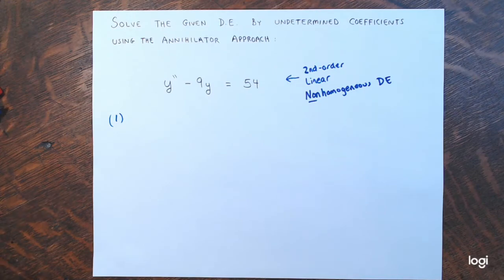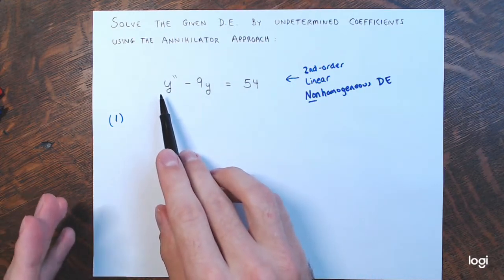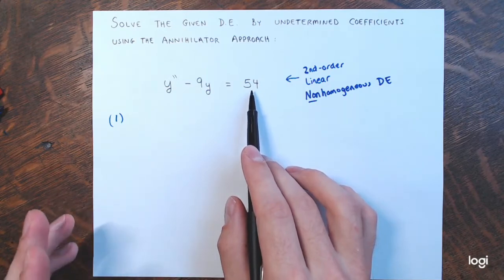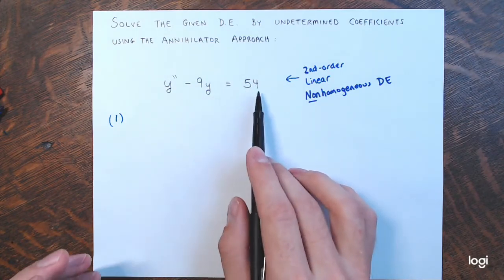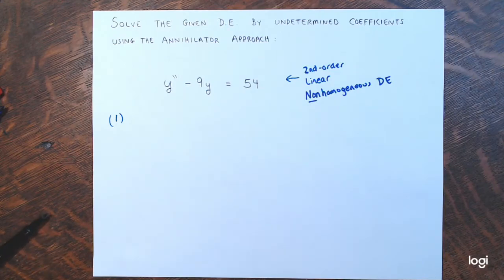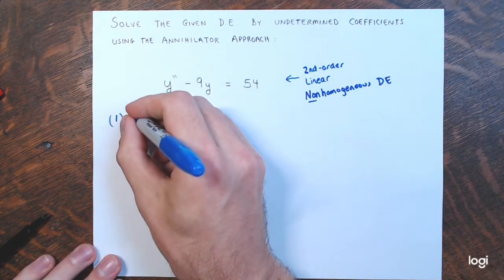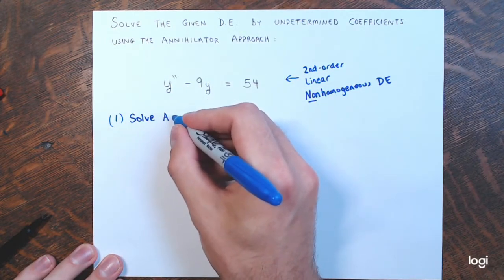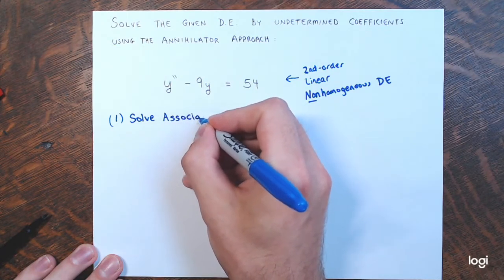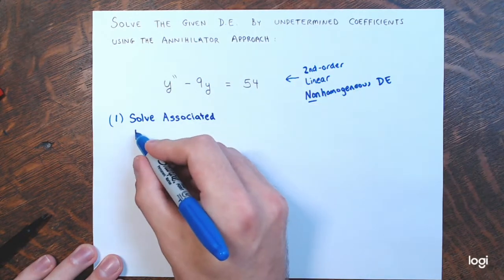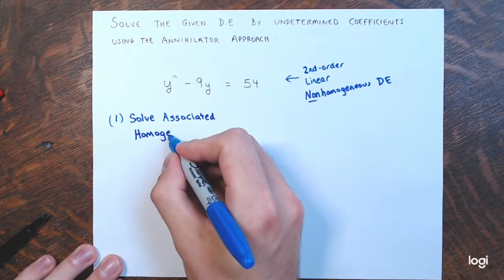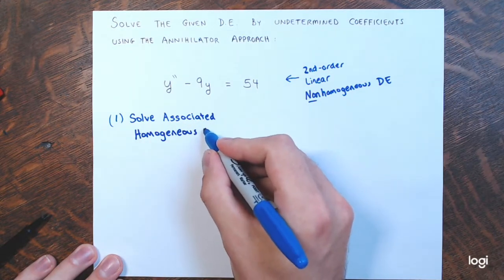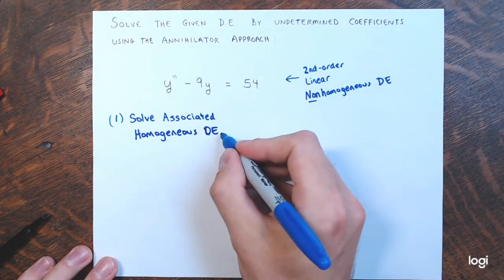All right, so in this case, I take all my y stuff to one side and non-y stuff to the other. We see it's non-homogeneous. So the first step in the annihilator approach, or really solving any equation by undetermined coefficients, is to solve the associated or corresponding homogeneous differential equation.